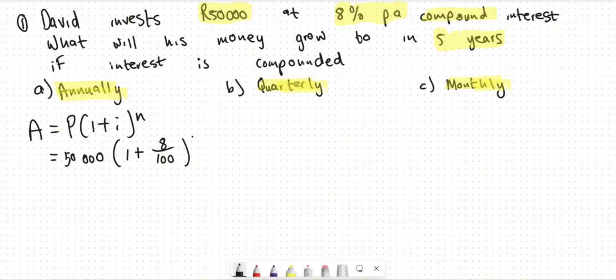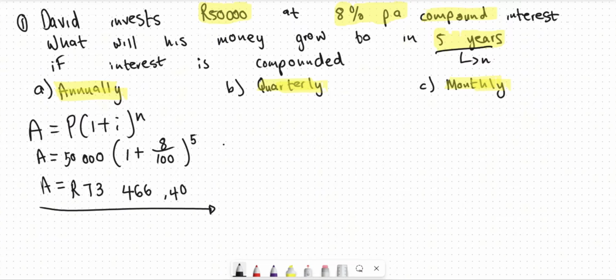And the exponent will be the 5 years, which is the n. And then you just plug that into your calculator. And so your accumulated amount after 5 years will be 73,466.40.